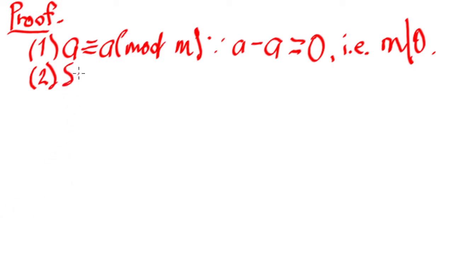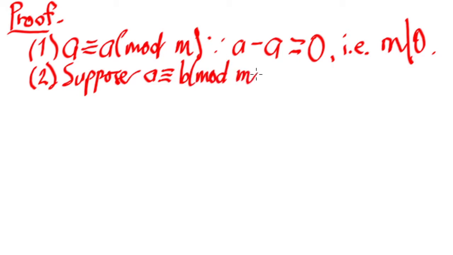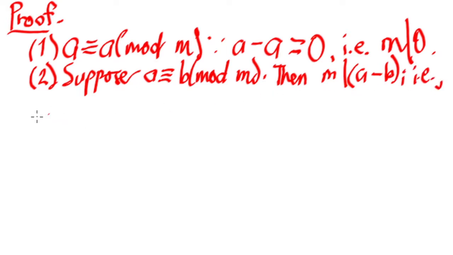So suppose A is congruent to B mod M. Then, by the definition of congruence, M divides the difference A minus B. That is to say, M is divisible by negative (B minus A).